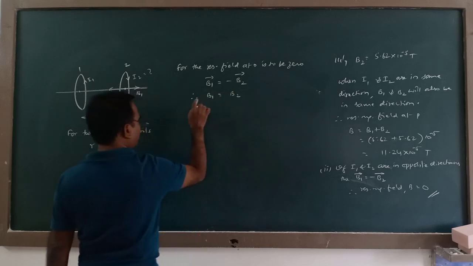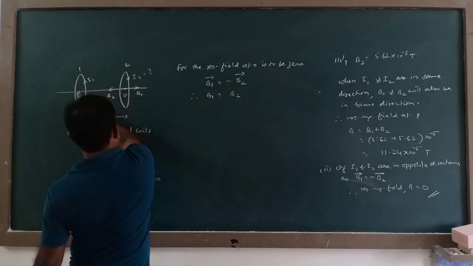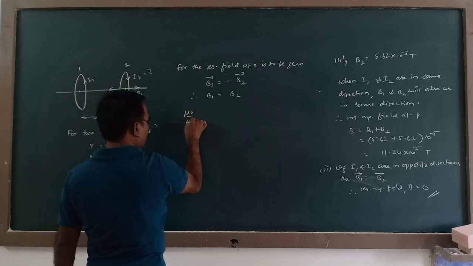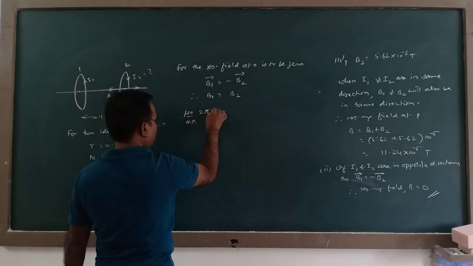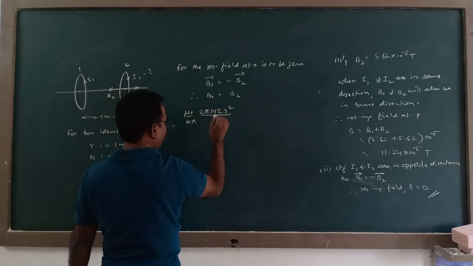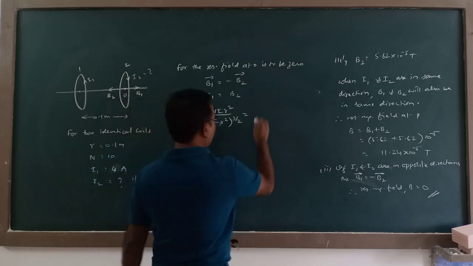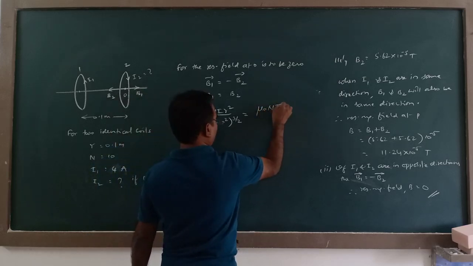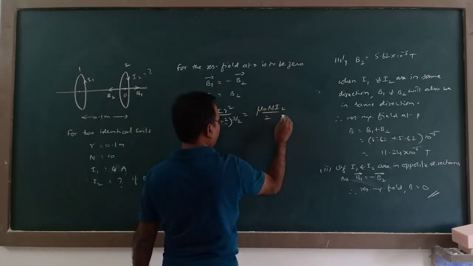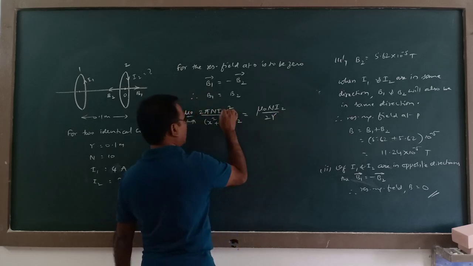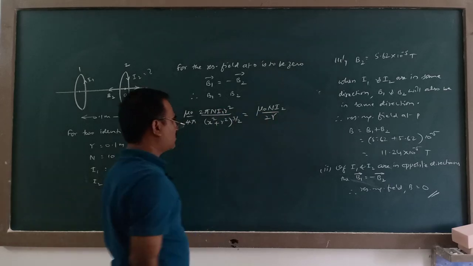What is the formula for this field B1? Magnetic field at O due to the first coil is mu naught by 4 pi, 2 pi N I r square divided by x square plus r square whole to the power of 3 by 2. This is equal to mu naught N I by 2r. So this is I1 and that is I2.